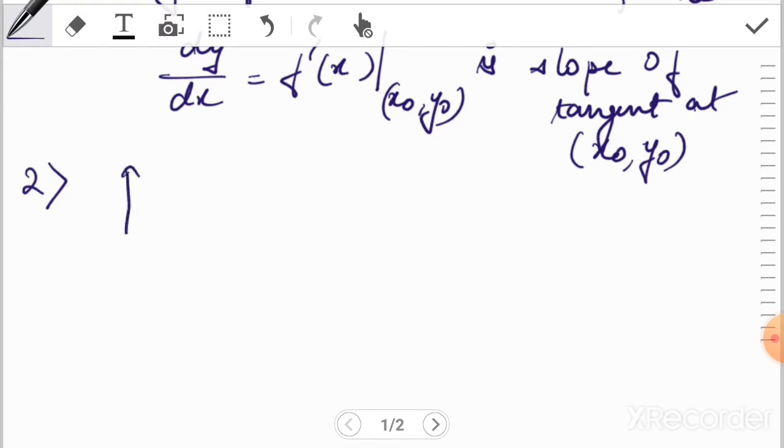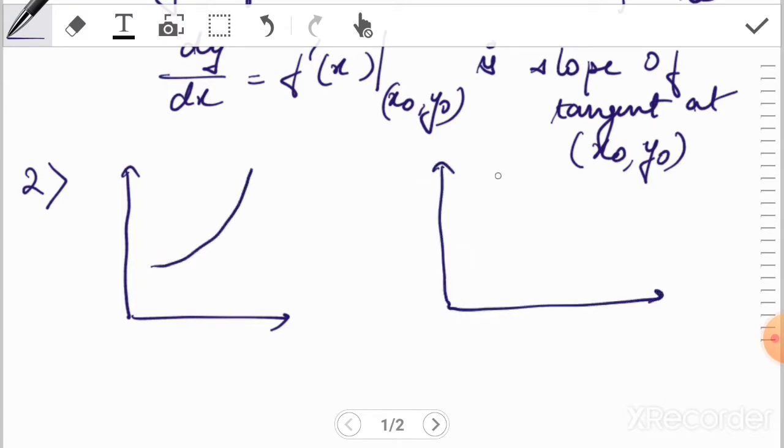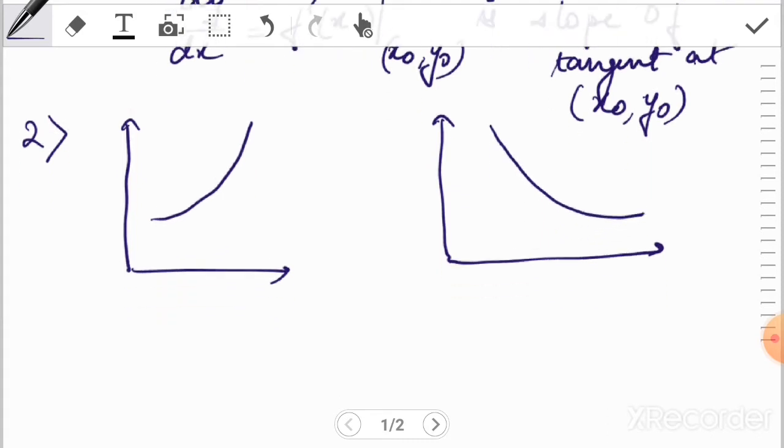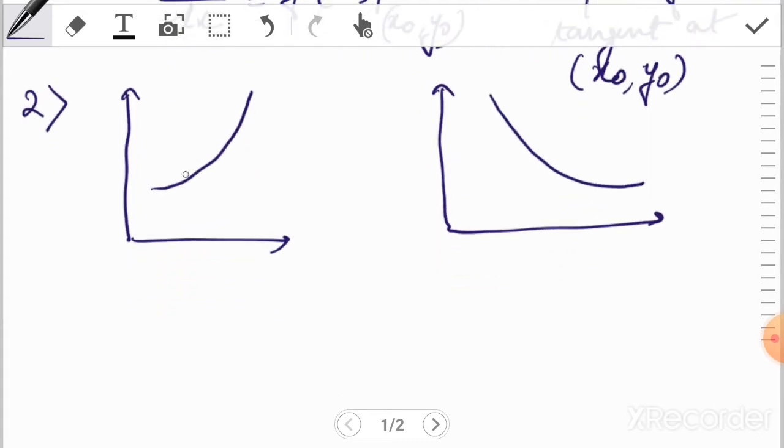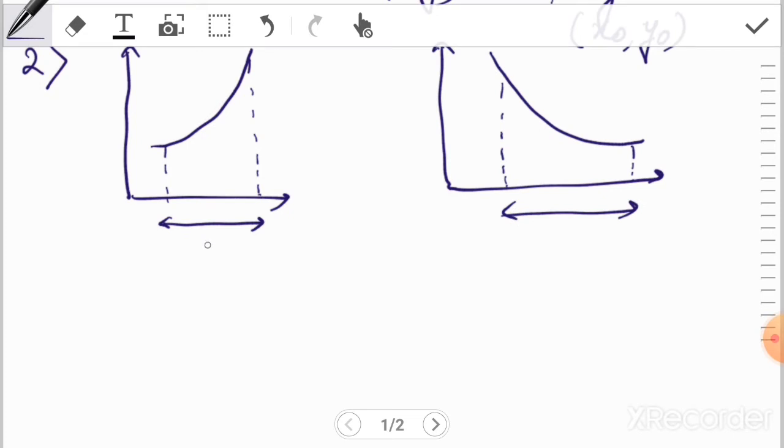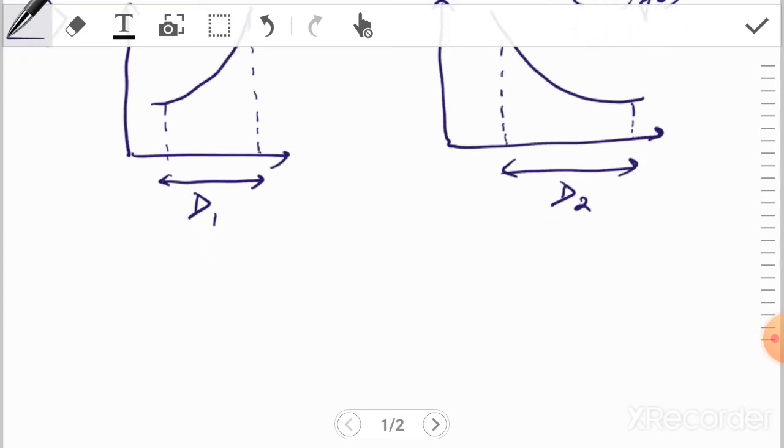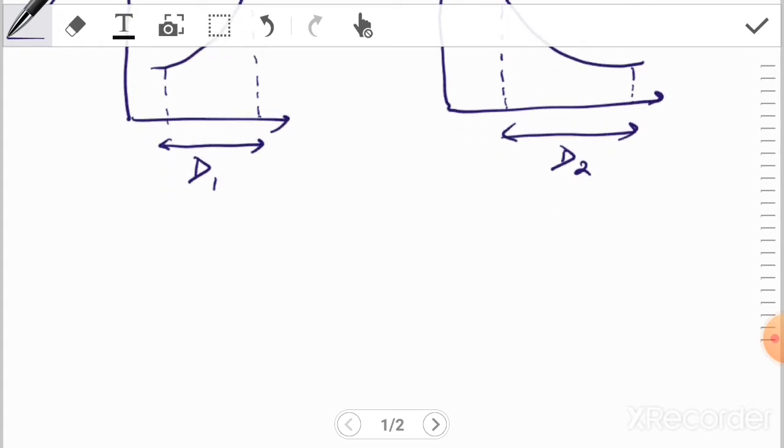So if we have a curve like this, and this is the interval we are interested in, so domain D1, domain D2.